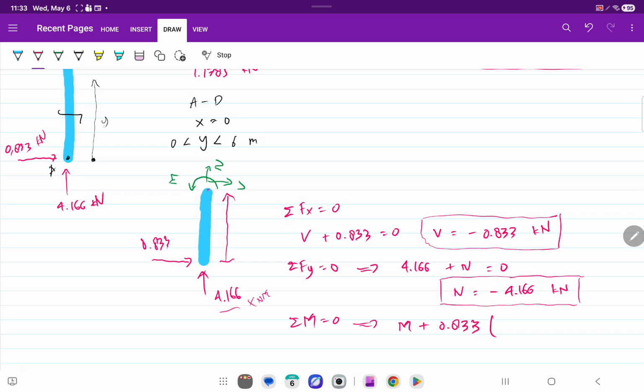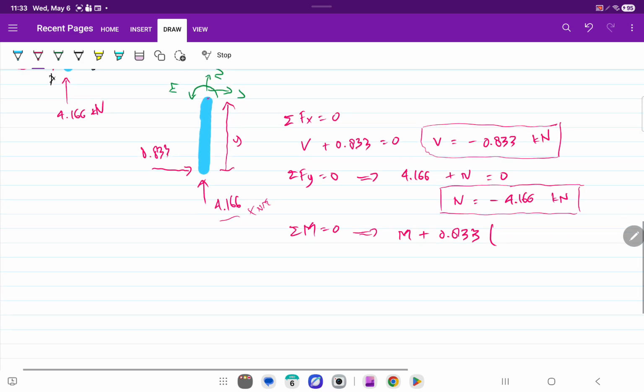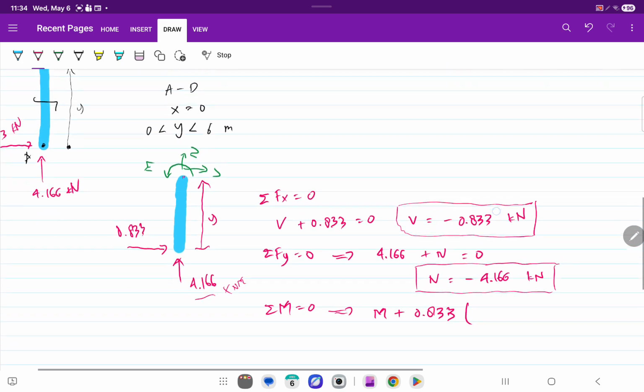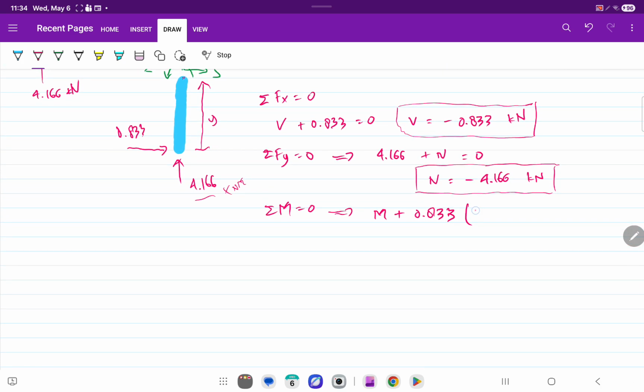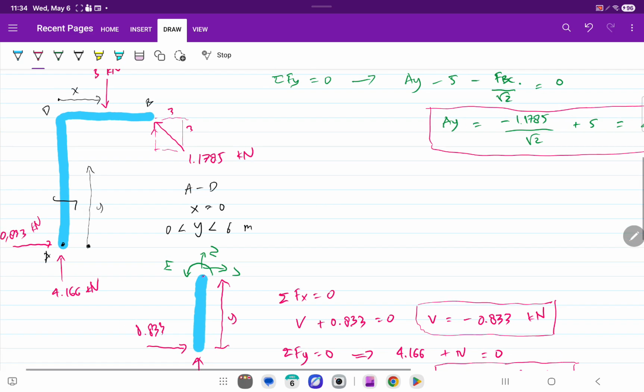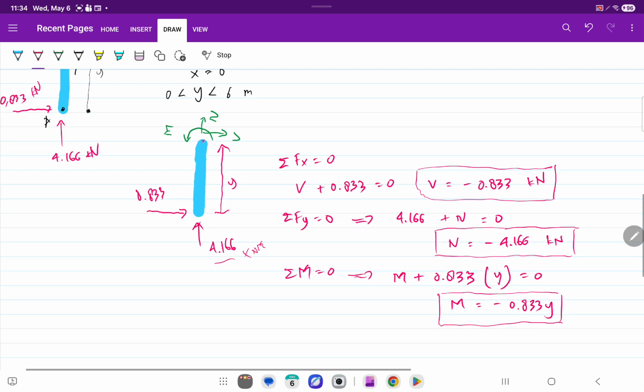We call this y, because the location where we section is a variable, so it can be anywhere from y equals 0 to y equals 6. So your M will be minus 0.833y. Okay, clear. So that's the first section. That's how you do a vertical sectioning.